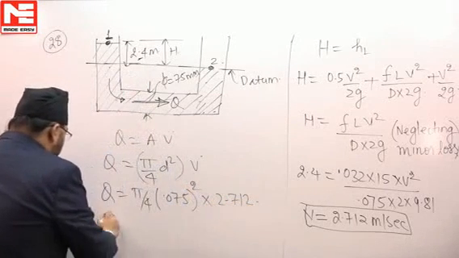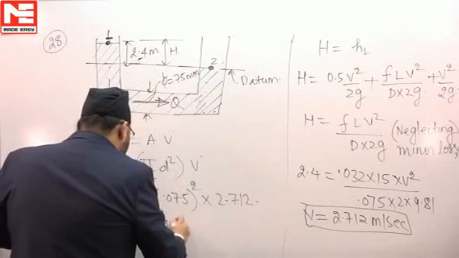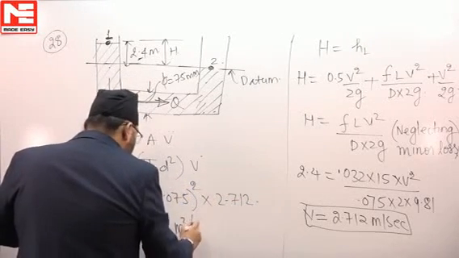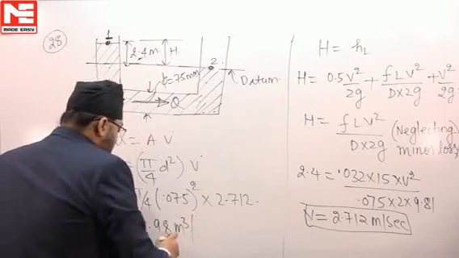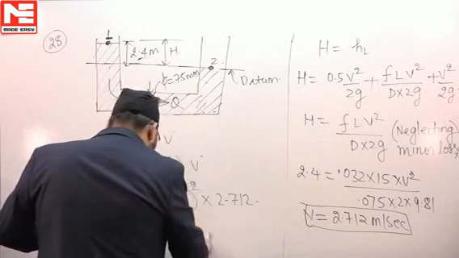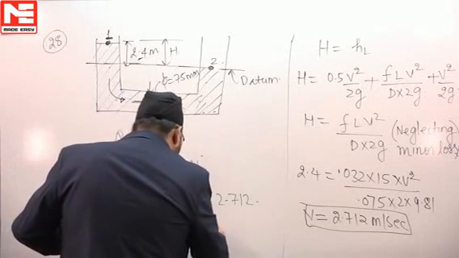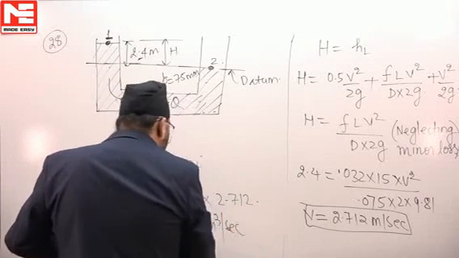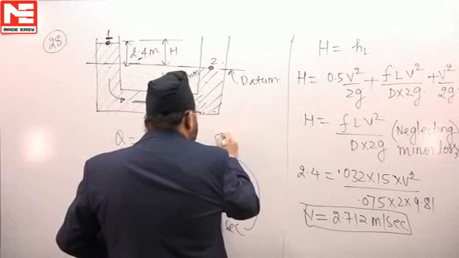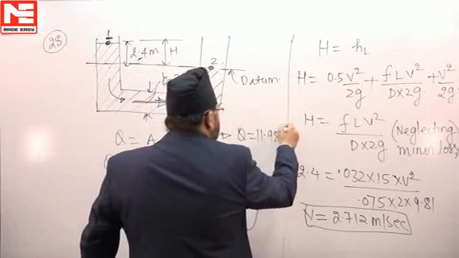So discharge will come out to be 11.98 into 10 to the power minus 3 meter cube per second. When you convert it in terms of liters, Q will come out to be 11.98 liters per second.